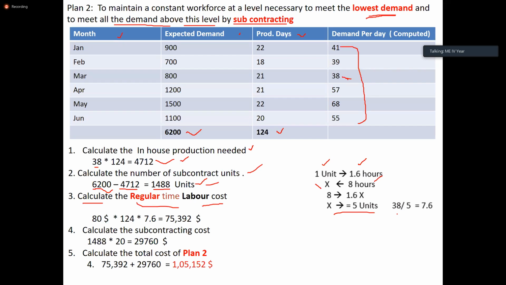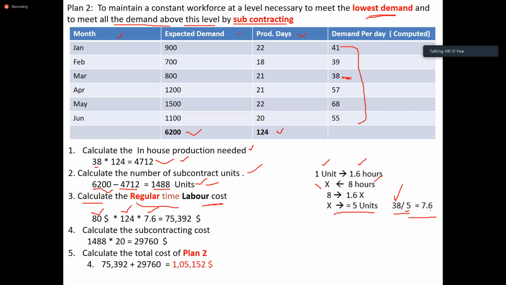But one small change will come: here we are considering the minimum demand, but in the last one we considered the total average demand. So from the question, 38 by 5, you will get 7.6. So the regular time labor cost is this 80, and the 124 days, and 7.6 will be coming from this part.